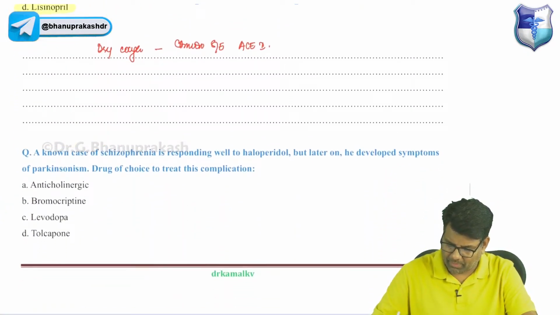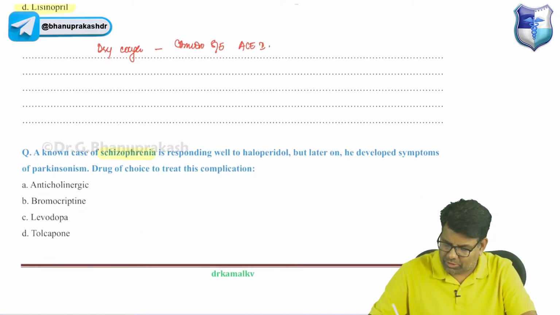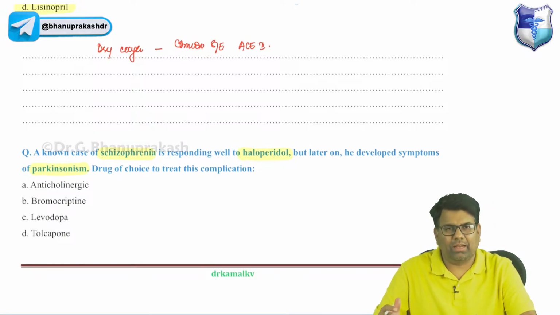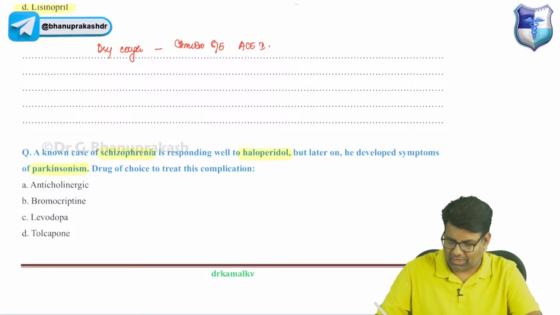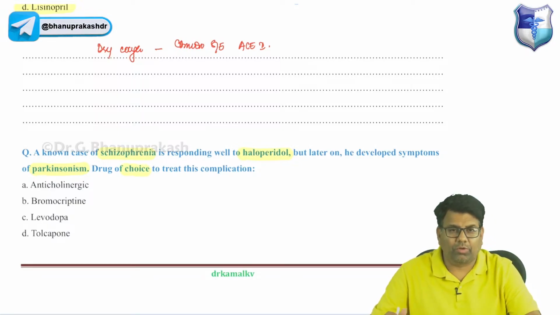Everyone is right. Now, a patient of schizophrenia is responding well to haloperidol, but later on he developed symptoms of Parkinsonism, that is antipsychotic extrapyramidal side effects because of antipsychotics. Now, which drug should be given to control this complication?